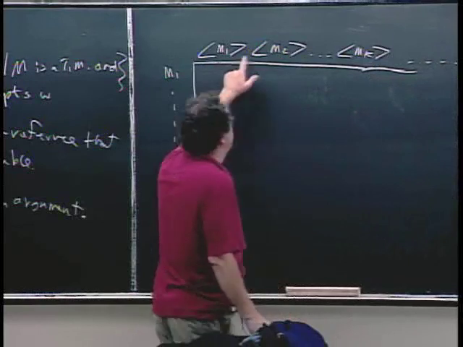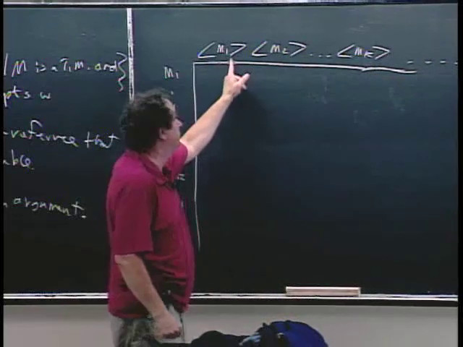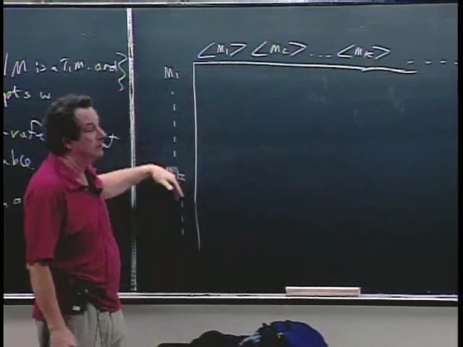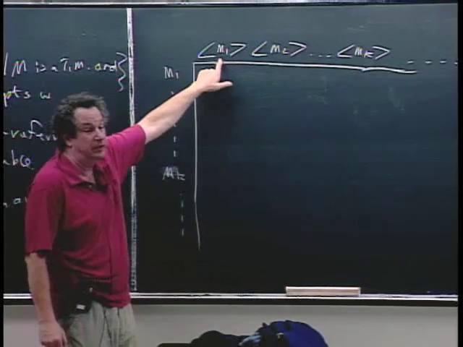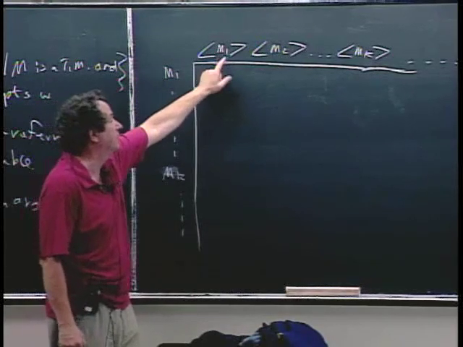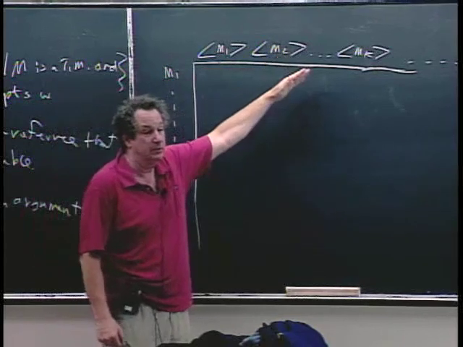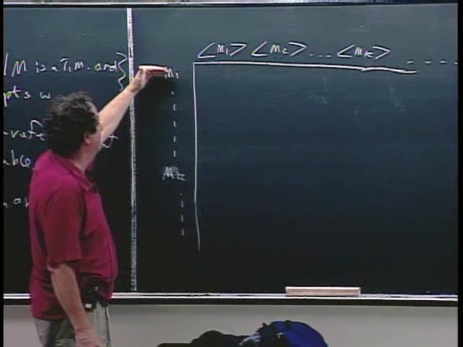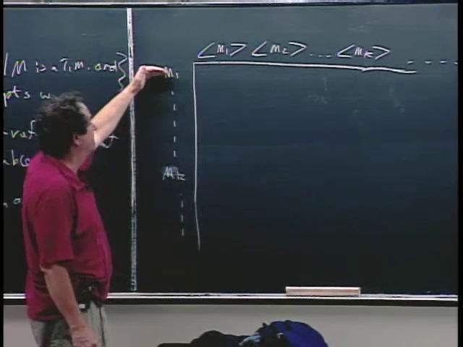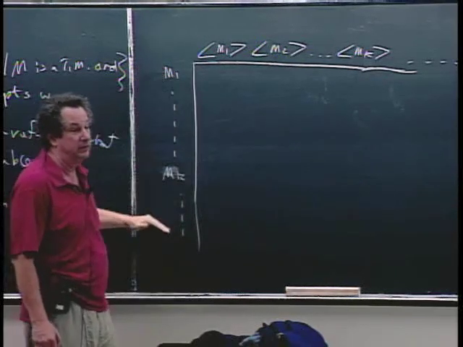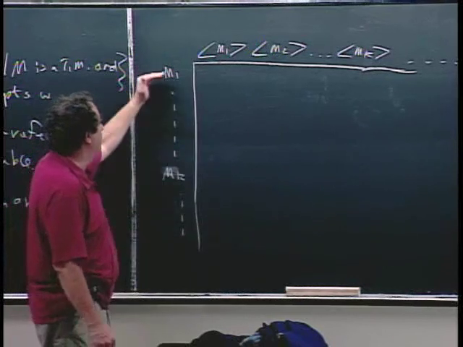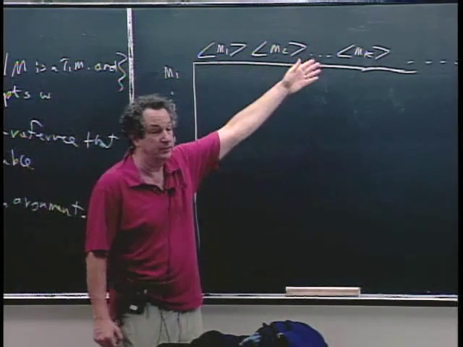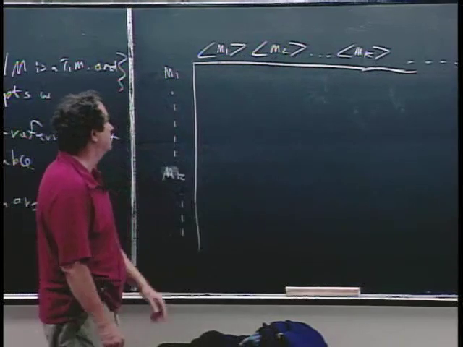So this enumeration here is the same enumeration as here. They're in the same order, but this is a string which describes M1. This is the string that describes M2, and so on. Whereas this is just an index that says machine M1, and so on. We know that these are orderable because the strings are orderable, but these are the actual strings that describe the particular Turing machines.